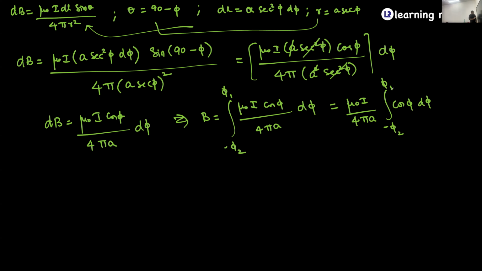So B is equal to mu naught I divided by 4 pi a, the whole multiplied with the integral of cos phi.